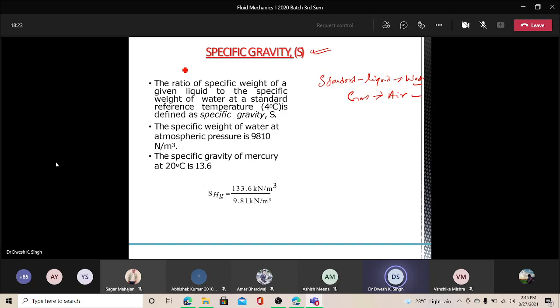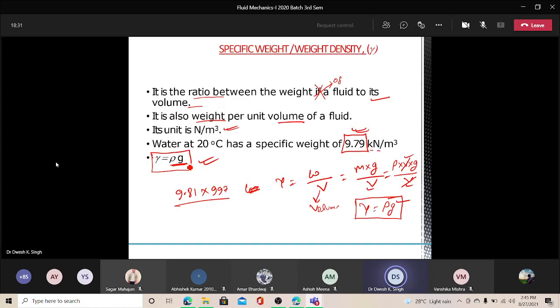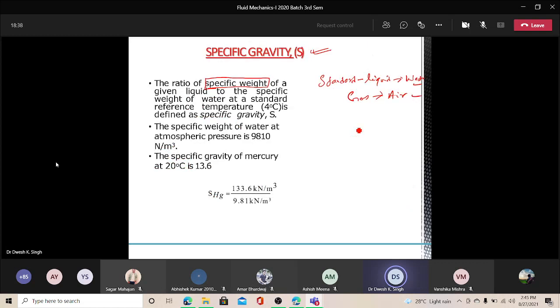Now move to the previous slides. What is the equation for the specific weight? It is rho g. So now, for the ratio, you can take the specific gravity like this, rho g, for any random fluid.